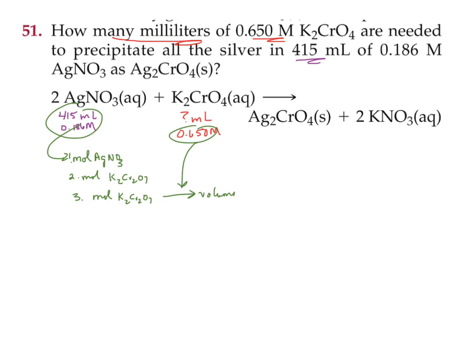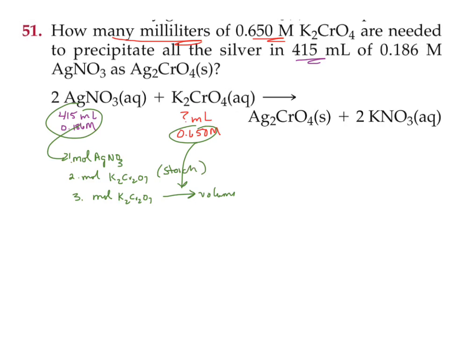The first one looks like this, and you can see in red and purple, I've pulled out from the problem what you know about the AgNO3 and the K2CrO4. Since you know more about the AgNO3, you take the volume and the molarity to get to moles. Second step, use stoichiometry to get to moles of K2CrO4.